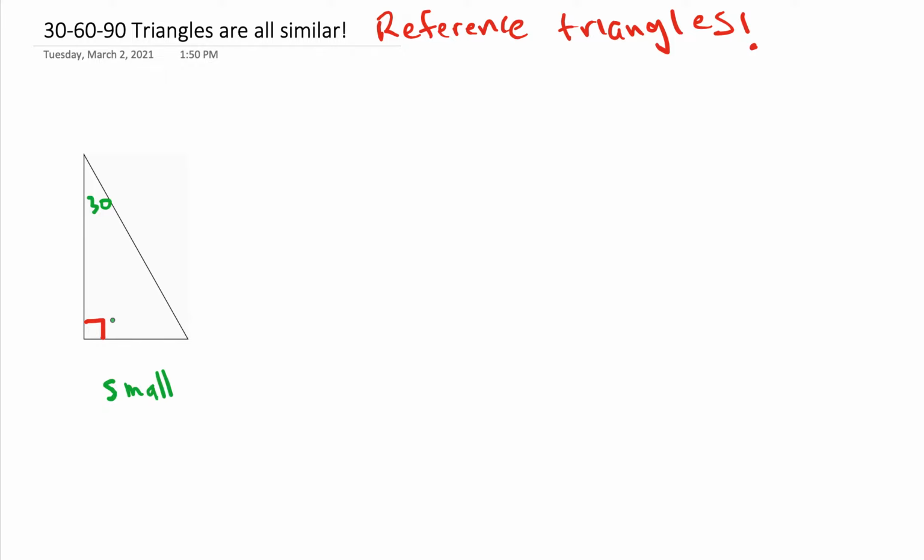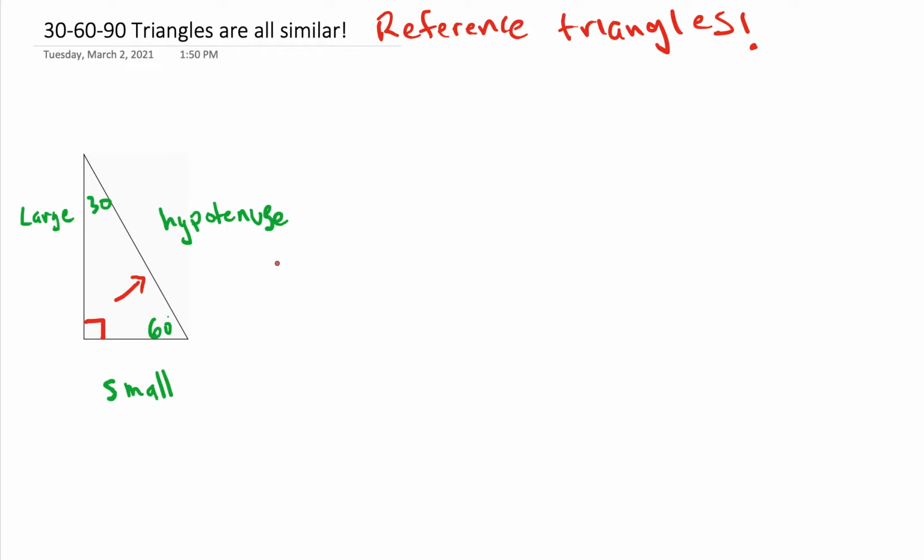Across from the medium one would be the 60-degree angle, and across from that will be the larger of the two sides. And again, the hypotenuse is across from the right angle always. It's always in that position. Across from the biggest angle is the biggest side.